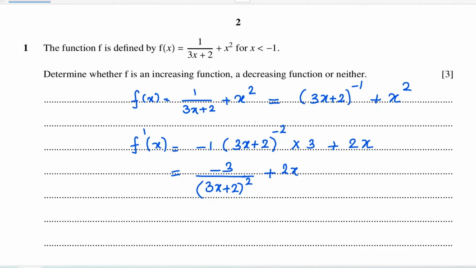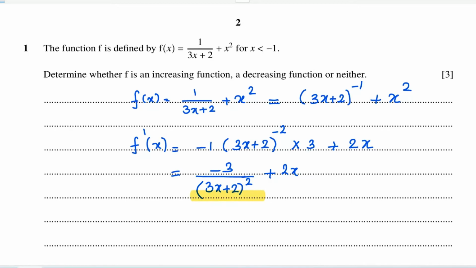So x is given as less than -1, so that is a negative number. When you substitute the x value in f dash of x, the first term here is 3x plus 2 the whole square.